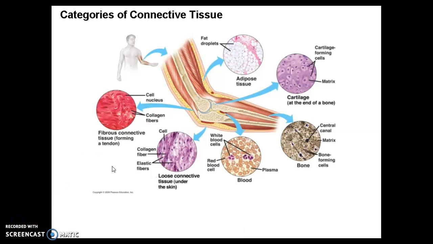The other categories of connective tissue are cartilage, bone, and blood. These do not look as similar to that generic connective tissue image that we were looking at earlier. They do have some similarities, but there are some big differences that make these tissues more unique and more specialized for their function.